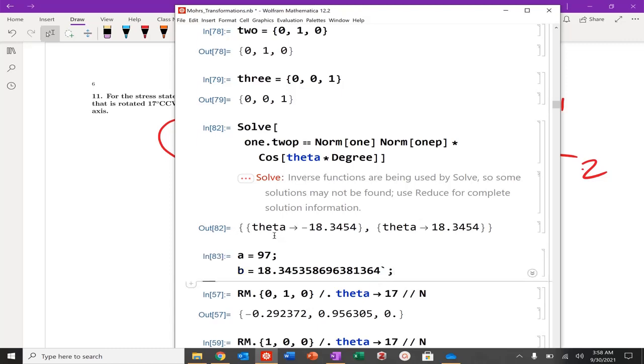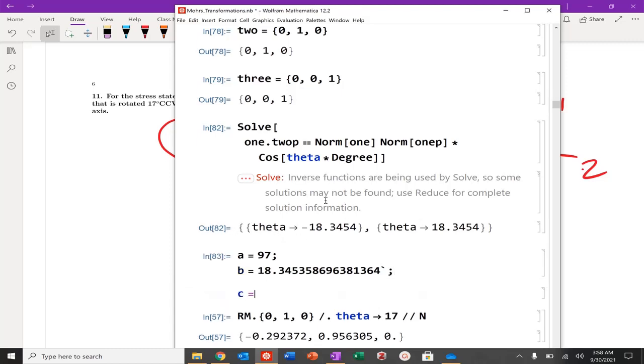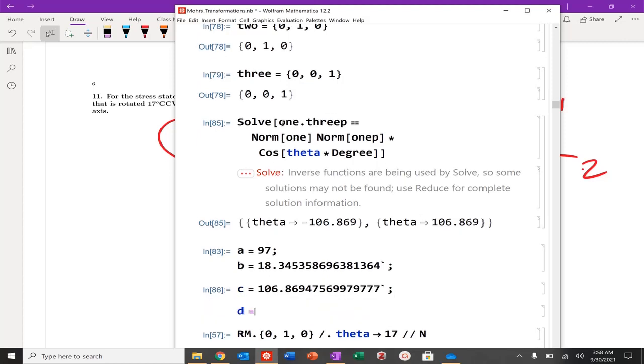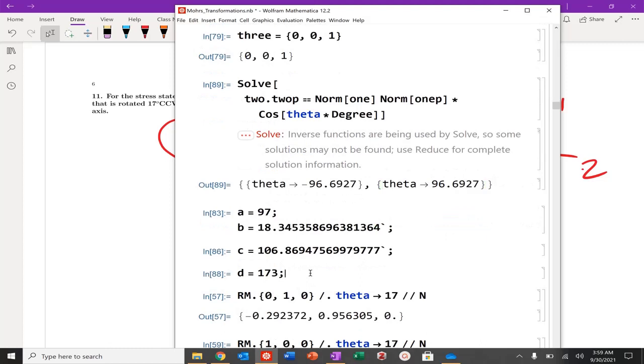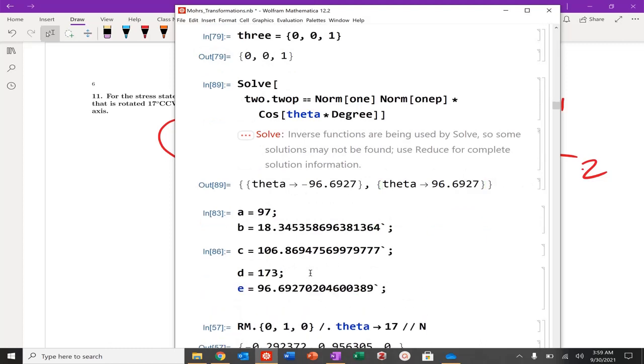C equals 3 prime. D equals 2 and 1 prime, actually. E is 2 and 2 prime.